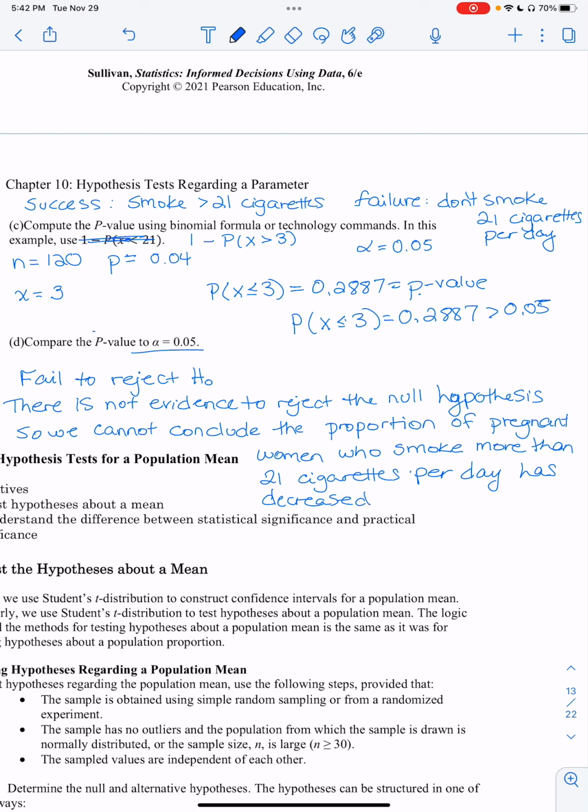Okay, we can't conclude that. We don't have a statistically significant result.